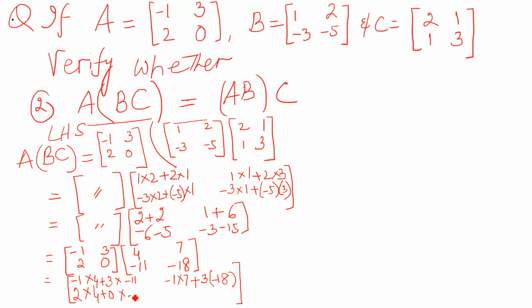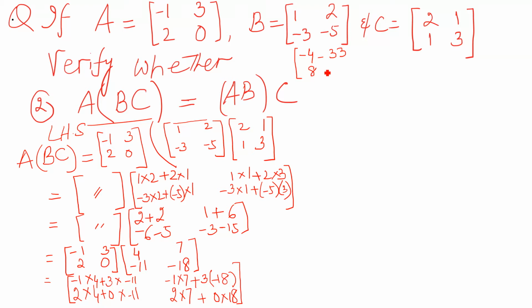0 into -11, and here is 2 multiplied by 7 plus 0 multiplied by 18. So I will write down here, it will be -4, and then -33.